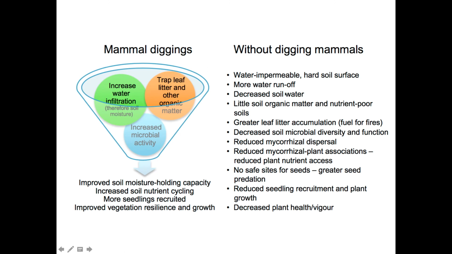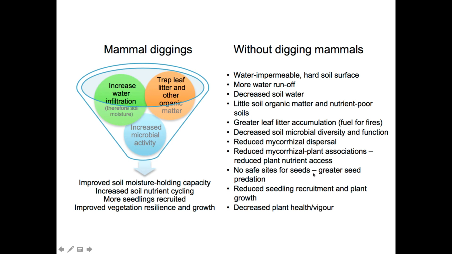So a lot of these bilbies and wombats and other digging bandicoots have become less abundant, and these small rodents as well that dig burrows. And then the soil becomes harder, it's less permeable to water. You get less microbe activity.